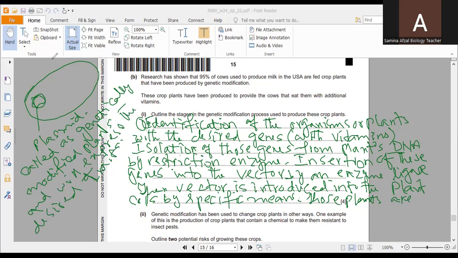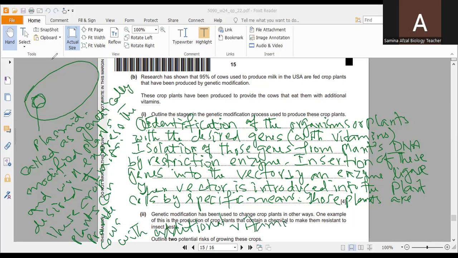So in this way, these crop plants can provide cows with additional vitamins. So these steps are involved in this process of genetic modification.